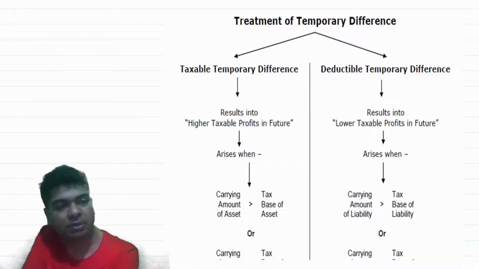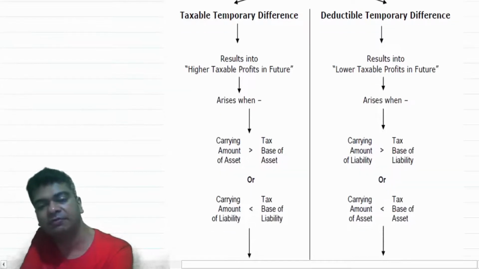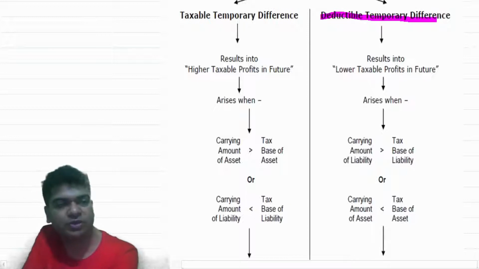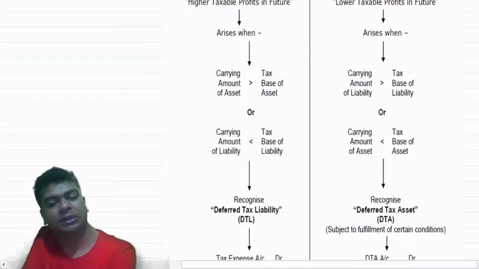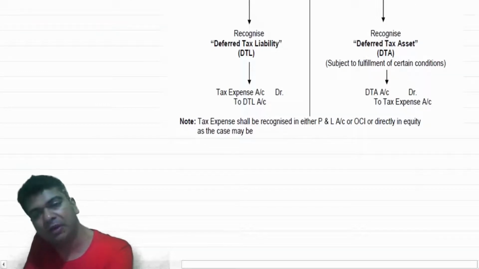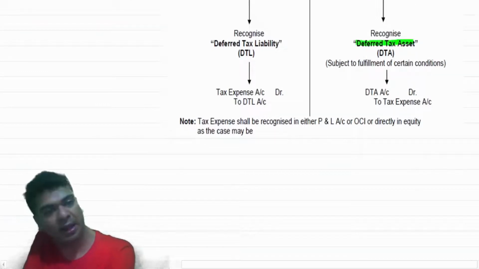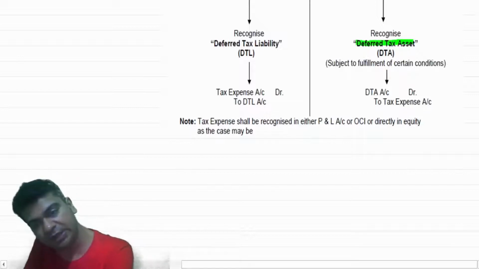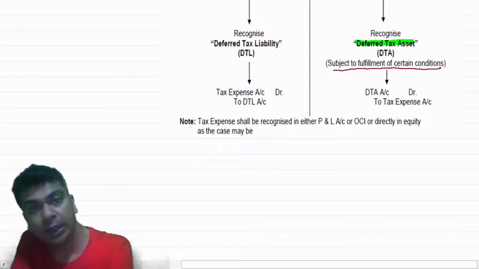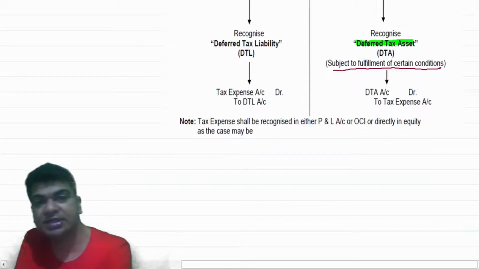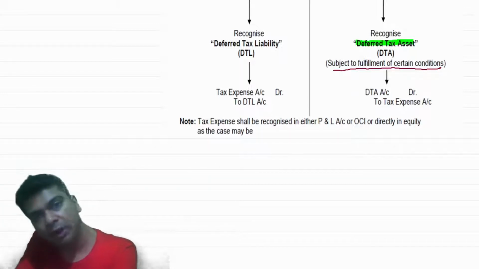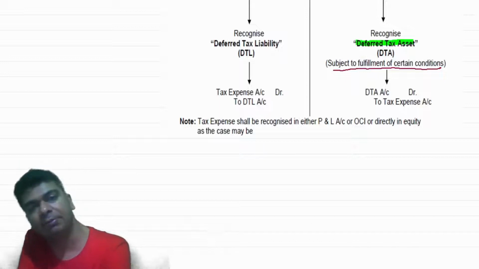If you see our write-up also with respect to the treatment of temporary difference, if you check for the deductible temporary difference, you will realize that we are suggesting at the end that you should recognize deferred tax asset. We are saying recognize deferred tax asset, but if you read it carefully, it says subject to fulfillment of certain conditions. In the earlier episode, we discussed at great length when can we recognize a deferred tax asset, and what exactly is the nature of a deductible temporary difference.